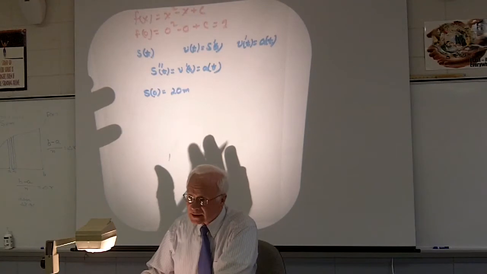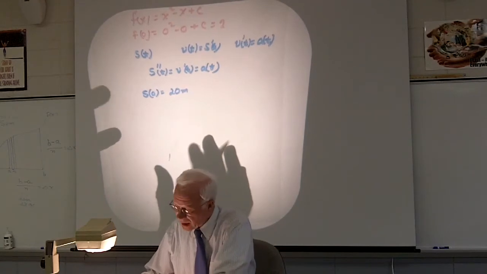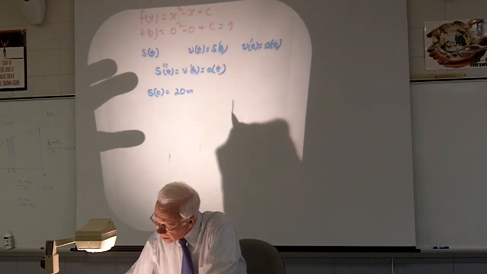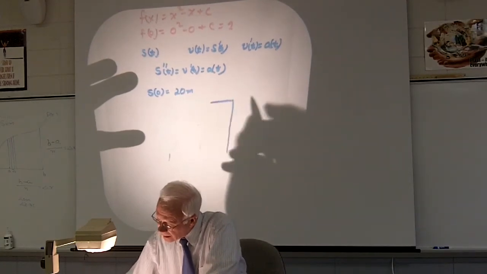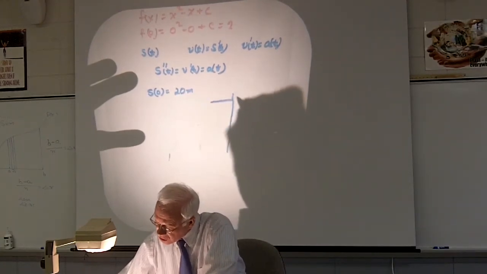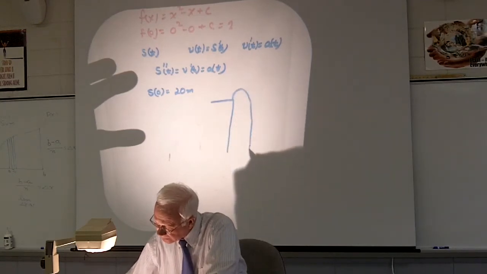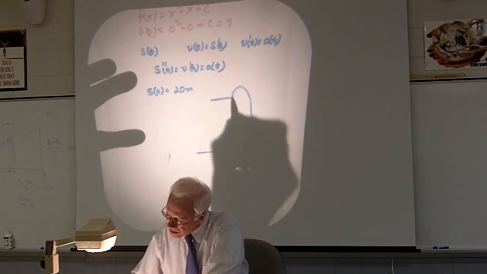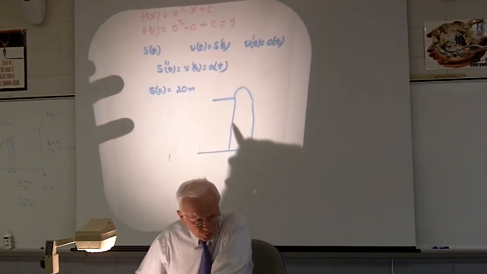Yeah, I'm going to throw something up off the edge of the building. Over here is the building, and I'm going to throw something up, and it's going to come down, and over time we're going to show it to be this kind of a pattern. And this is the ground. Now, this height, I said, is going to be 20 meters.